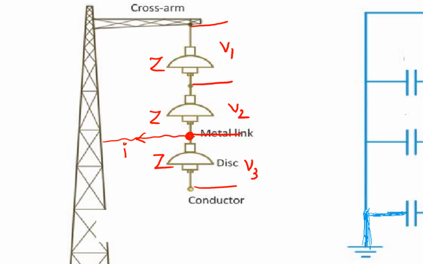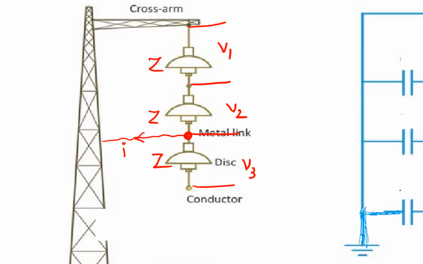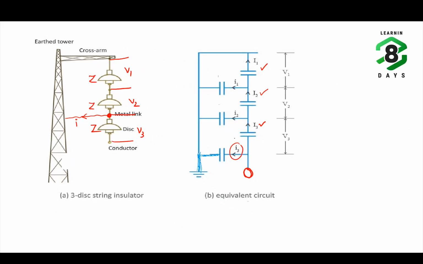This is the reason. These capacitive leakage currents in this diagram are designated as I3, I2 and I1. Because of these leakage currents, the currents through the discs are different, so they have different voltage drops across them.